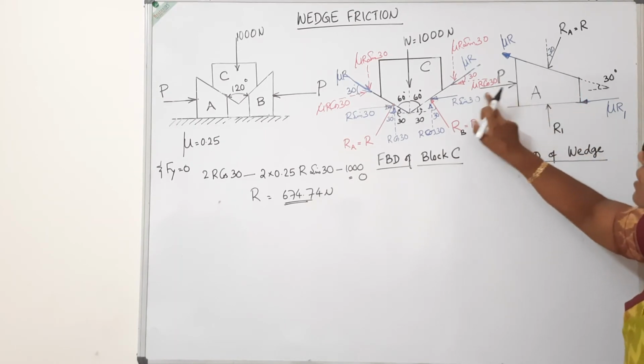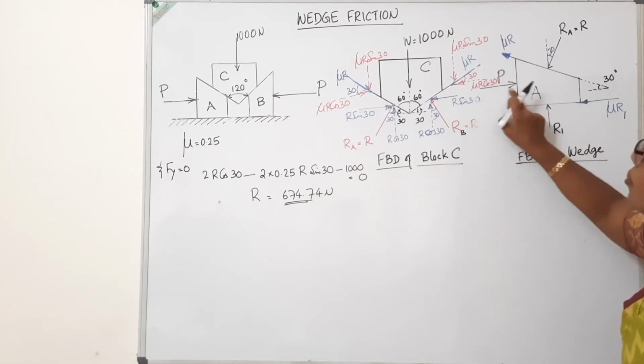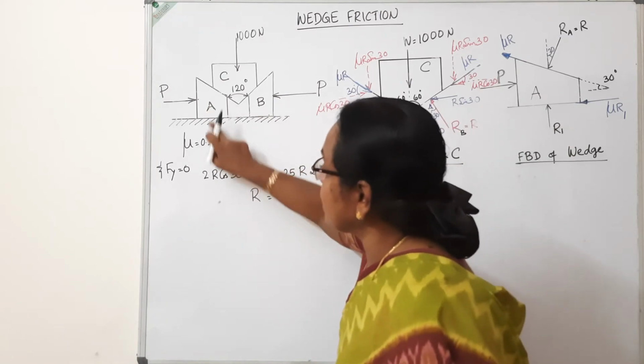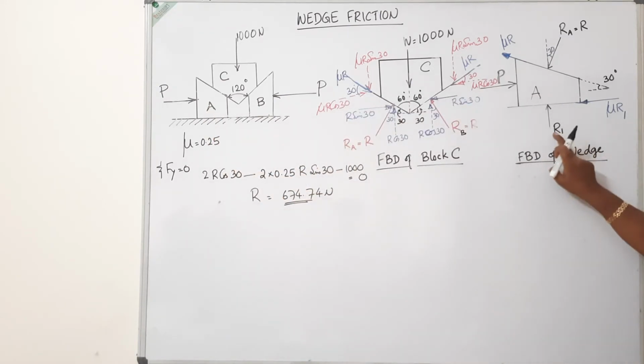The force P is acting from here, force P acting from left. The self-effect of wedge is usually neglected. Then, in this surface, there will be a normal reaction at the horizontal plane. So there will be a normal reaction R1. That will be different.